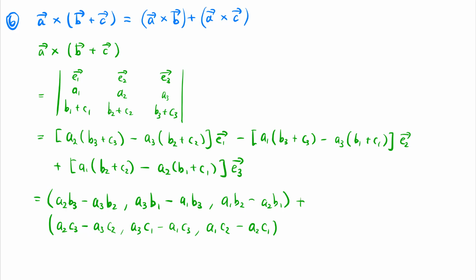This equals the vector (A2B3 minus A3B2, A3B1 minus A1B3, A1B2 minus A2B1) plus (A2C3 minus A3C2, A3C1 minus A1C3, A1C2 minus A2C1), which equals (A cross B) plus (A cross C).